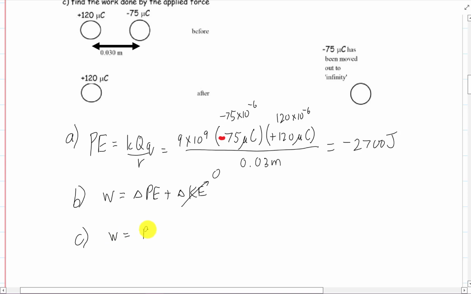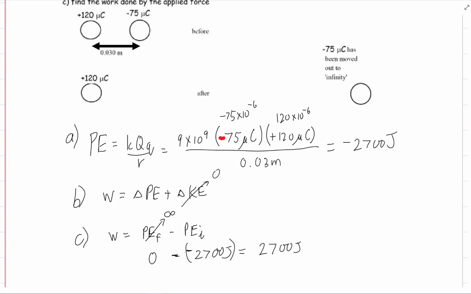The potential energy final minus the potential energy initial. That's 0 because it's going off to infinity. And then we have to subtract the initial potential energy, which is negative 2,700. So it'll take 2,700 joules to move it off. It's an attractive force, so it will take energy to push it apart.